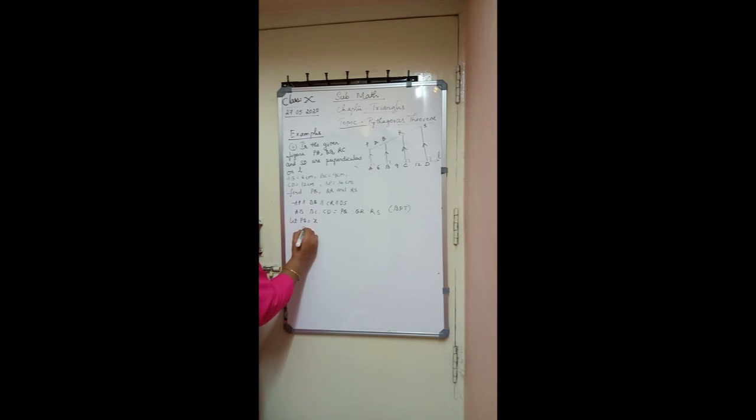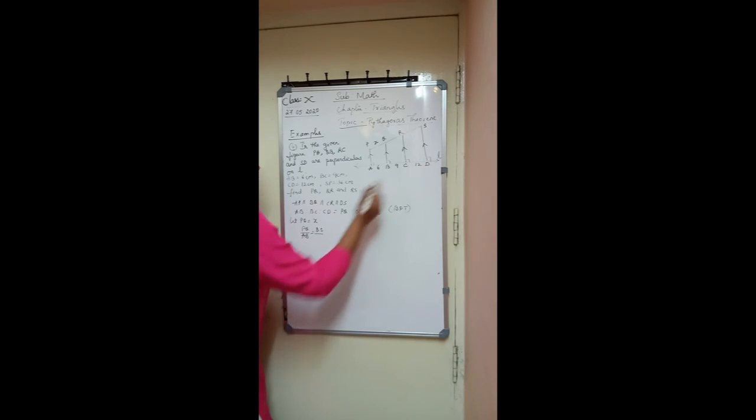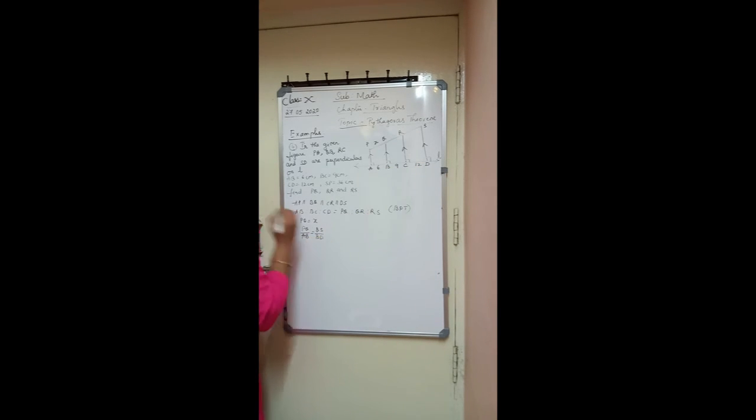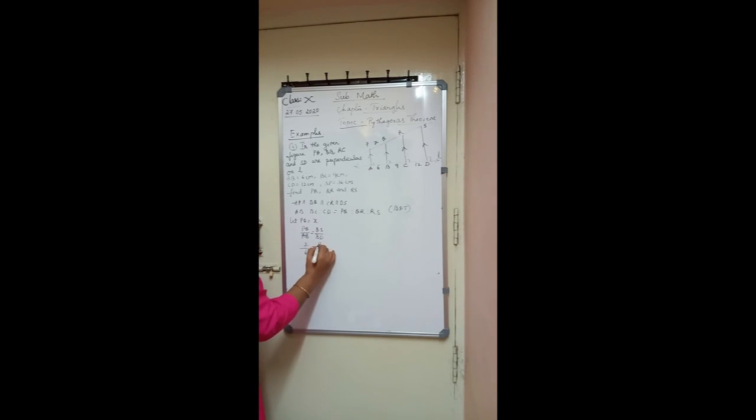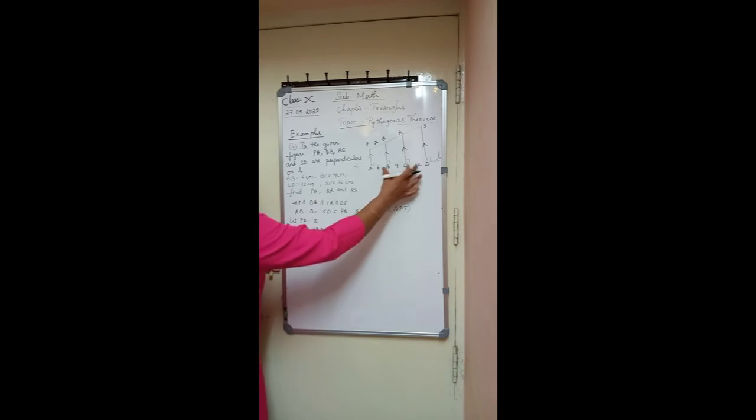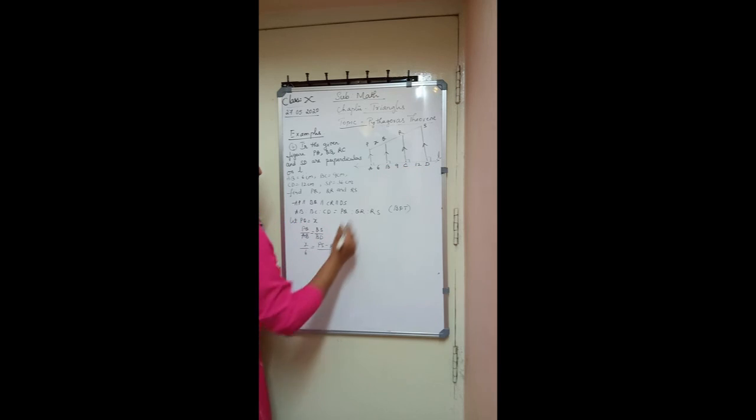So PQ by AB equals QS by BD. Now see here. What is PQ? PQ has been taken as X. What is AB? 6. Then what is QS? QS is PS minus PQ, divided by BD. BD is what? BC plus CD.